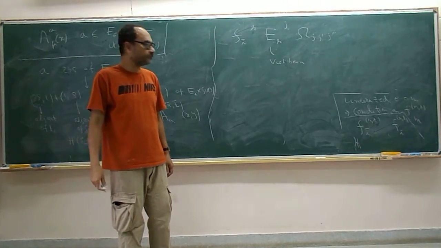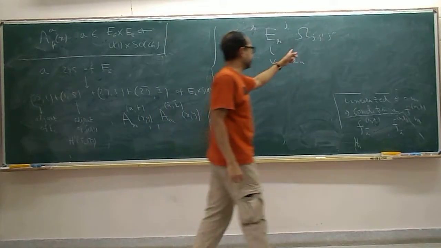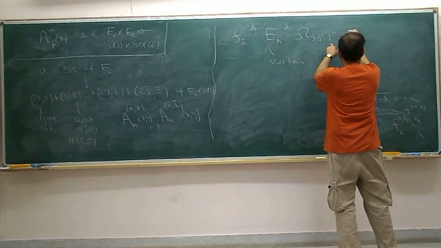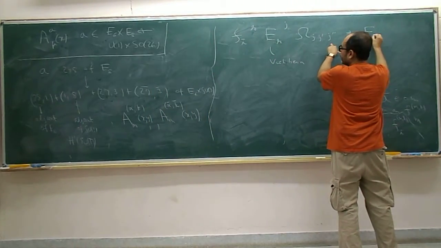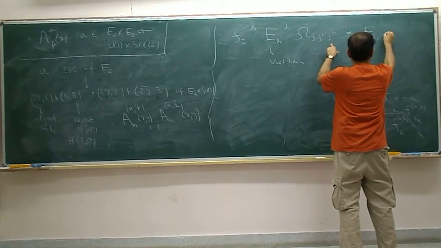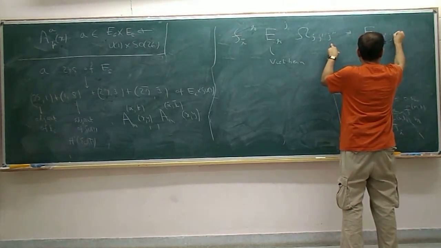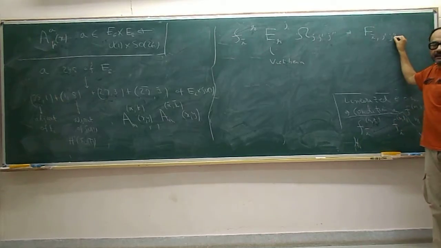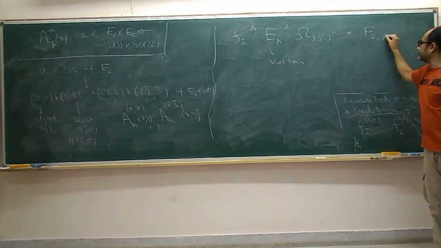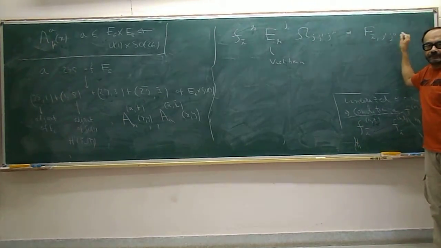So this is an object whose index is f I bar j prime j double prime, right? Looks like a 2-1 form. It's antisymmetric in j prime and j double prime.